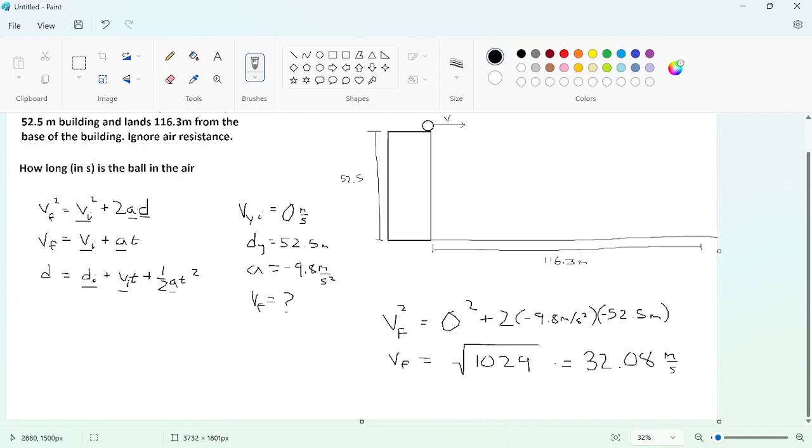In this case, we should round to two significant figures, but I'll just keep as much information as I can get for right now. So velocity final is going to be 32.08 meters per second.